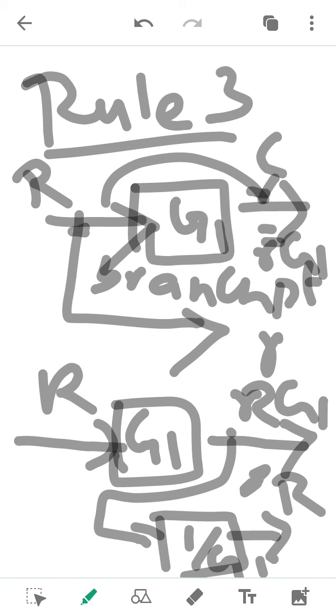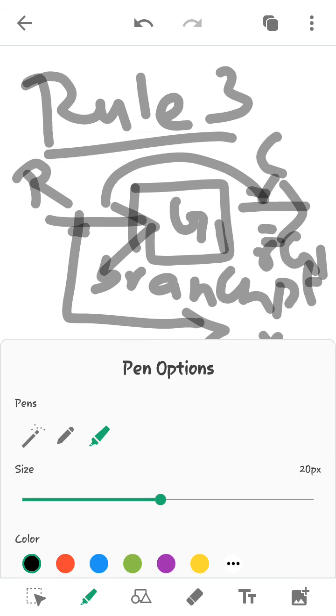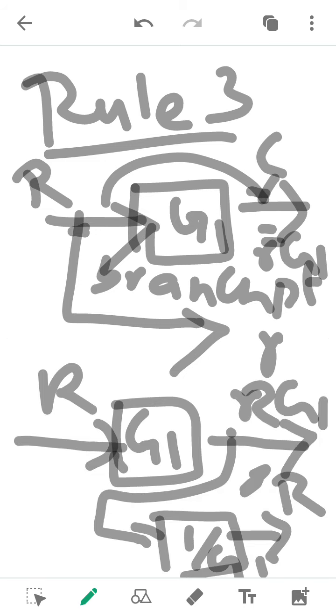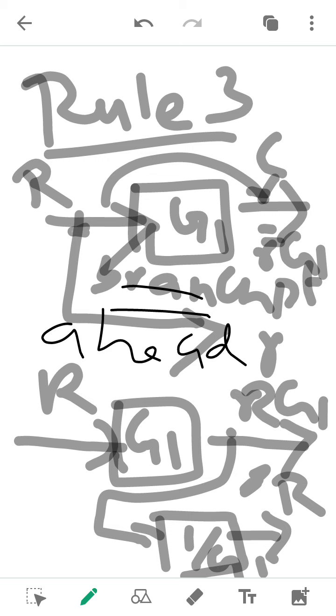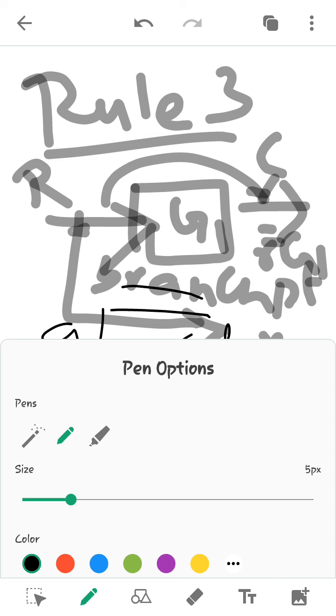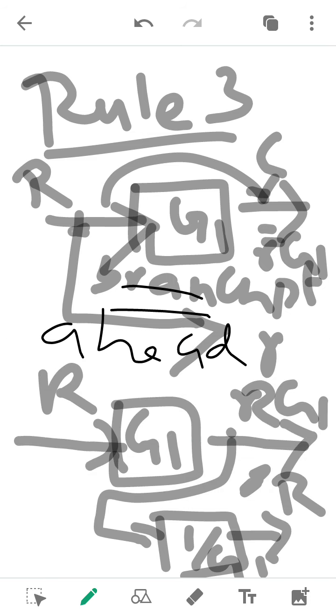So the rule says, if you want to move a branch point ahead of the block, branch point moved ahead of the block, then you need to include a block with inverse of transfer function.